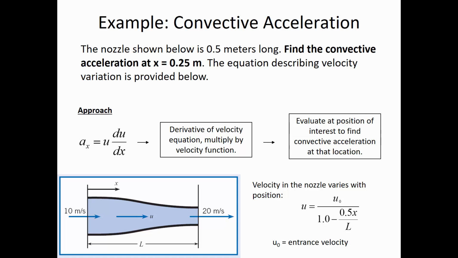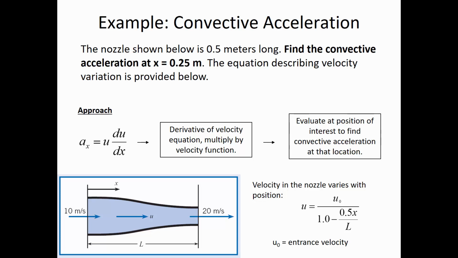So x is 0.25 meters, and L is 0.50 meters. So we'll substitute both of those given dimensions in, and simultaneously we want to know u du dx, because that's the convective acceleration.